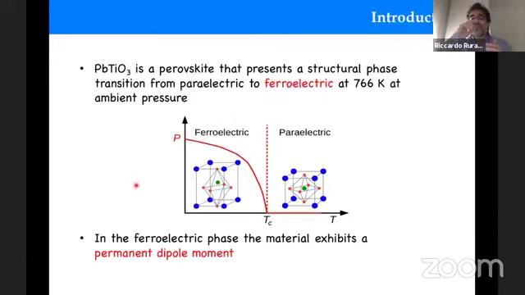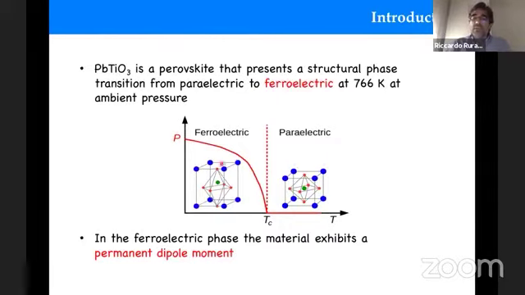This is because below a certain critical temperature, which in the case of lead titanate is very high, more than 700 Kelvin, the crystal favors a ferroelectric distortion. It lowers its energy by displacing a little bit the titanium atom, which is not in the middle of the cell. If you go above this critical temperature, then on average the titanium atom is exactly at the center, and you have a different crystal symmetry.